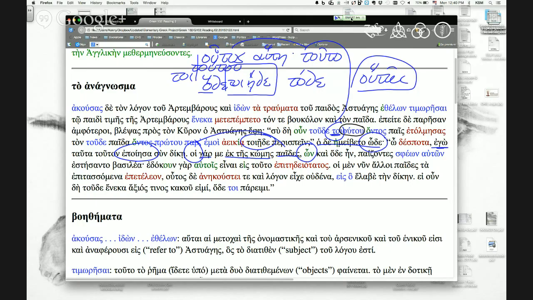What kind of word is it? Relative pronoun, right? On, it's genitive plural, but it can be masculine, feminine, or neuter. It's the same form. So what does it refer back to? The children. Of whom?